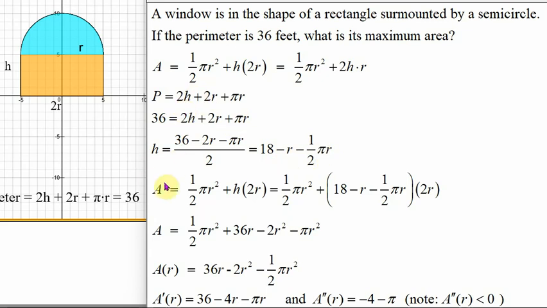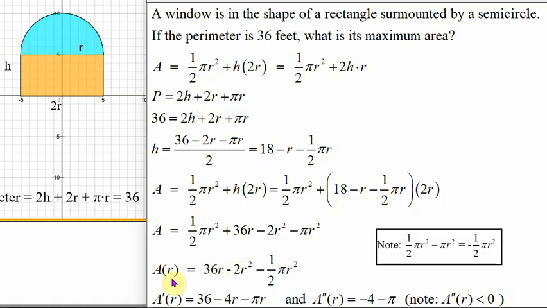Now we can replace this h with 18 minus r minus 1/2 pi r. The area as a function of r becomes 36r minus 2r squared minus 1/2 pi r squared.